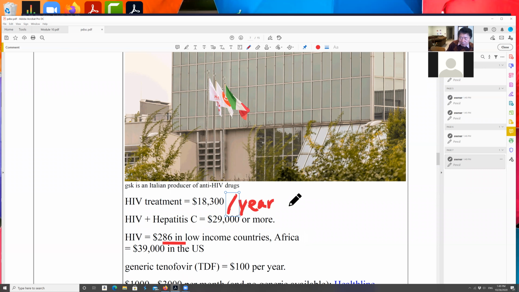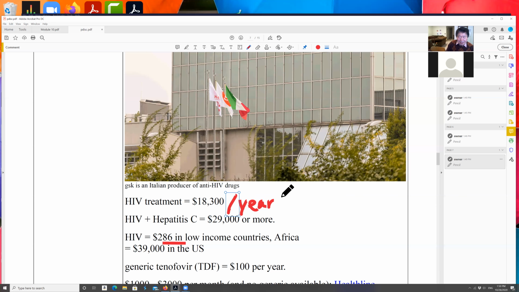So a lot of people are carping about high drug prices. But what will the drug companies do? Suppose you are the owner of this drug company. You are given 17 years of patent right, but you have wasted 10 years on clinical studies.